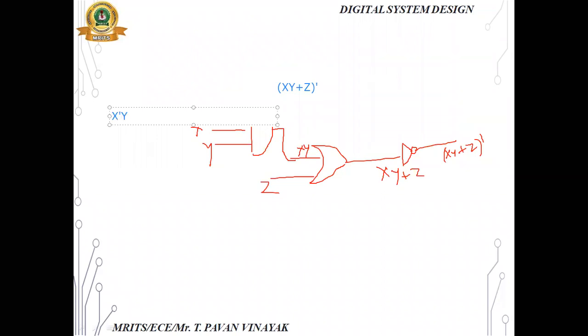Suppose I want the expression X bar Y plus Z. Then what will happen? Here I have to use one NOT gate, sorry, not OR.